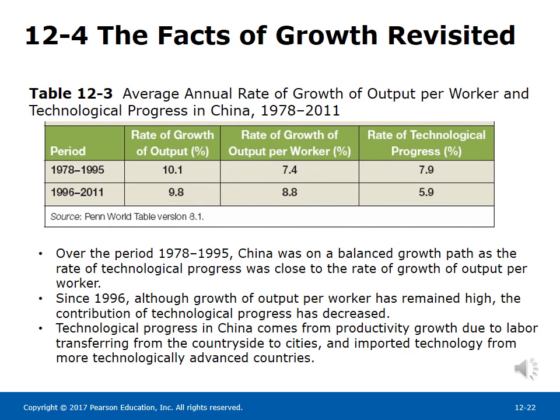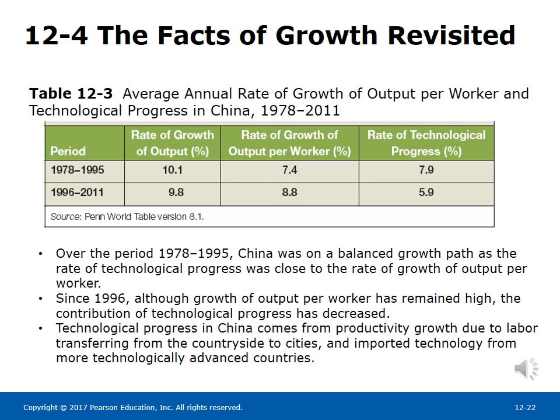12-4, the facts of growth revisited. Table 12-3 shows average annual rate of growth of output per worker and technological progress in China, 1978 to 2011. Over the period 1978 to 1995, China was on a balanced growth path as the rate of technological progress was close to the rate of growth of output per worker.